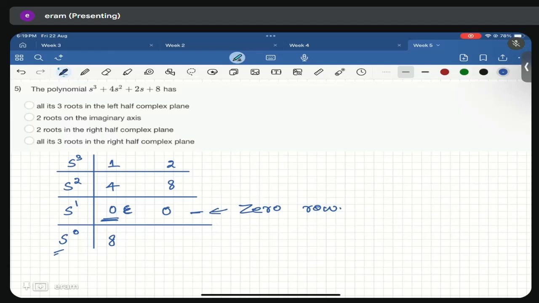Symmetrical roots. Yes, symmetrical means there must be a complex root. Is it necessary to be complex?